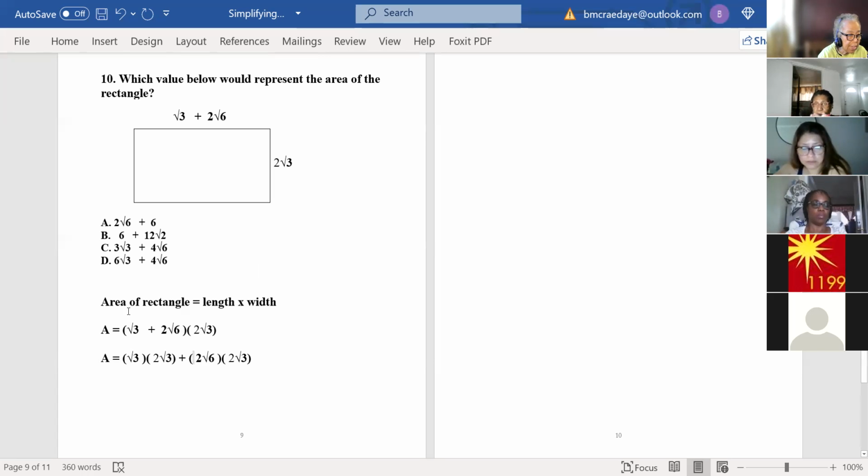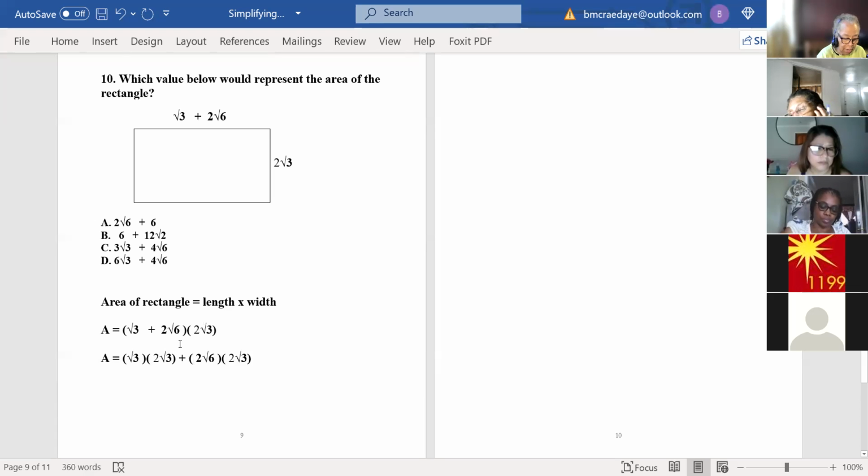This is like saying A plus B times C. C is multiplied by A and C is multiplied by B. So square root of 3 is multiplied by 2 times square root of 3, and 2 times square root of 6 is also multiplied by 2 times square root of 3.